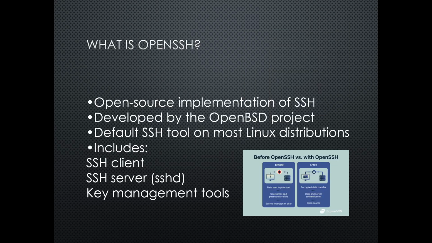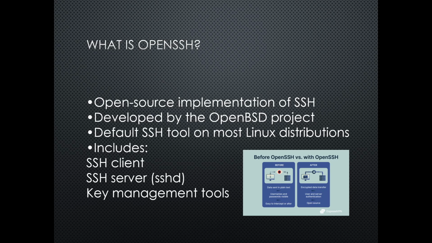So, what is OpenSSH? It's essentially SSH with an open source implementation. It is an open source project developed by the OpenBSD team and comes pre-installed on many Linux systems. OpenSSH provides tools for both clients and servers.